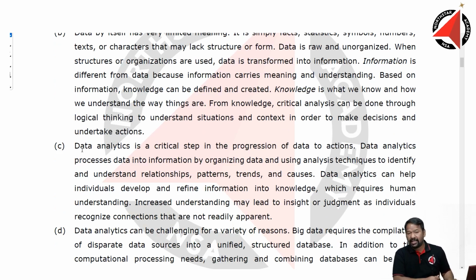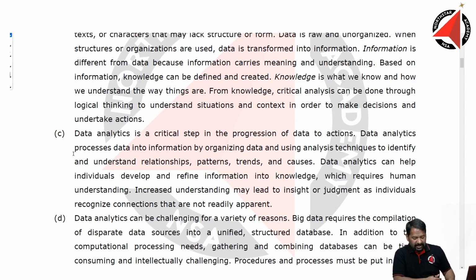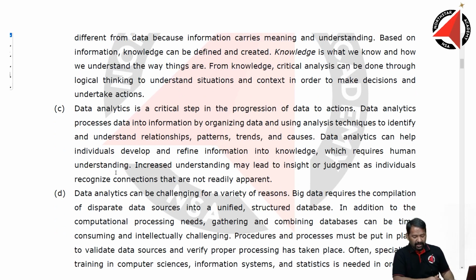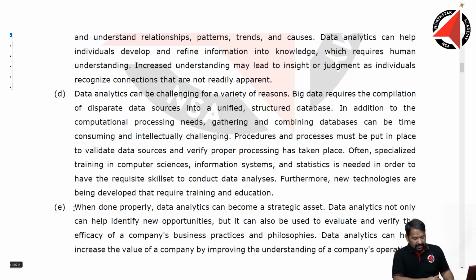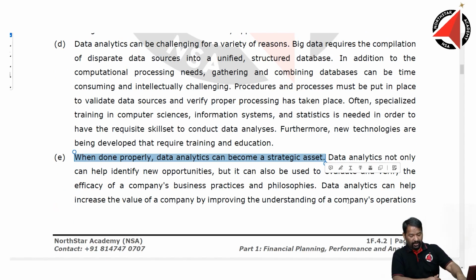Basically analyzing the data, going very, very deep into data, understanding correlation, understanding patterns, understanding any kind of trend, which is going to help us gain some meaningful insights, which is going to help us take a proper, logical business decision based on what the data speaks. Because there's a saying, data does not lie, right? When done properly, data analytics can become a strategic asset because it will help us go deeper into everything and take sound decisions for achieving the objectives of the organization.